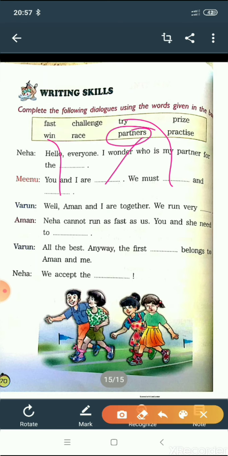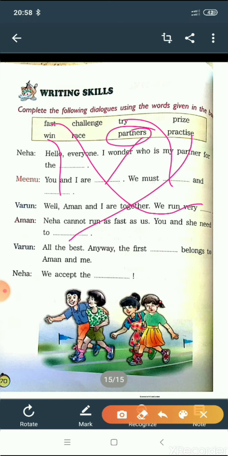Then Varun is saying, well, Aman and I are together. We run very fast. Now Aman is saying, Neha cannot run as fast as us. You and she need to practice.